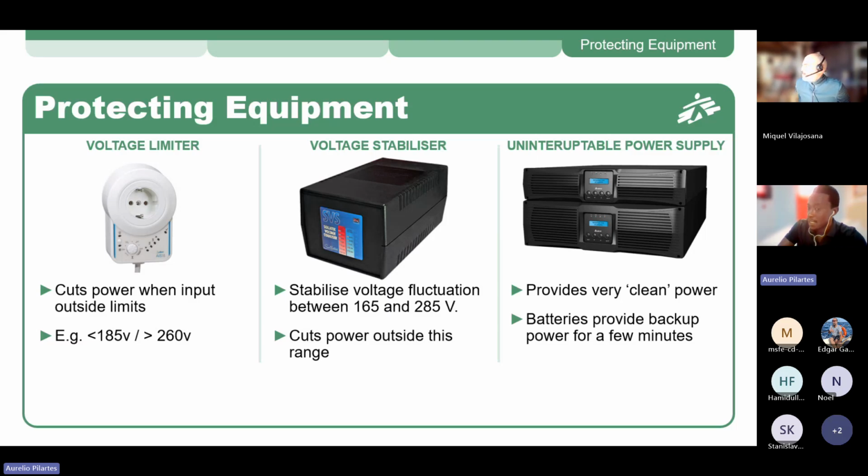So we assume there is an SPD in the main board and the UPS is not far from the board, not more than 10 meters. Then this SPD is also protecting the UPS. On the other hand, if the UPS is very far away from your board, then you should install another surge protection device, another SPD, near your UPS to protect it against surges, because it's common to see a UPS getting damaged by surges and strikes.